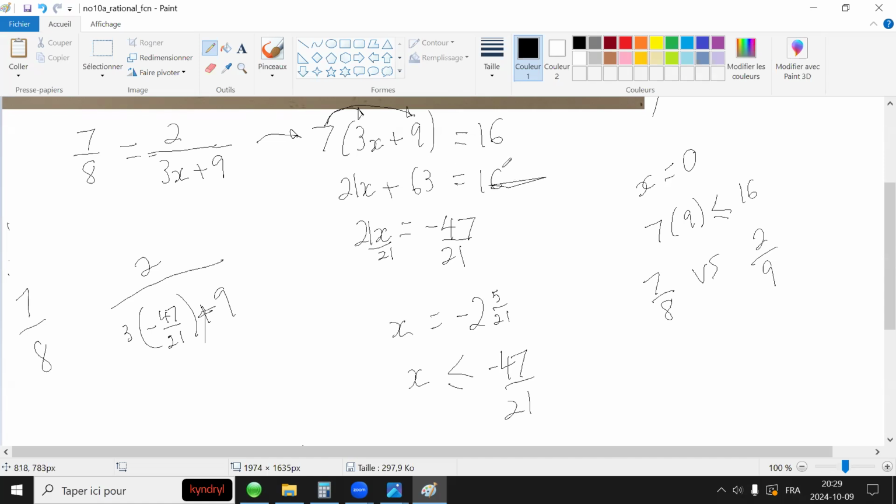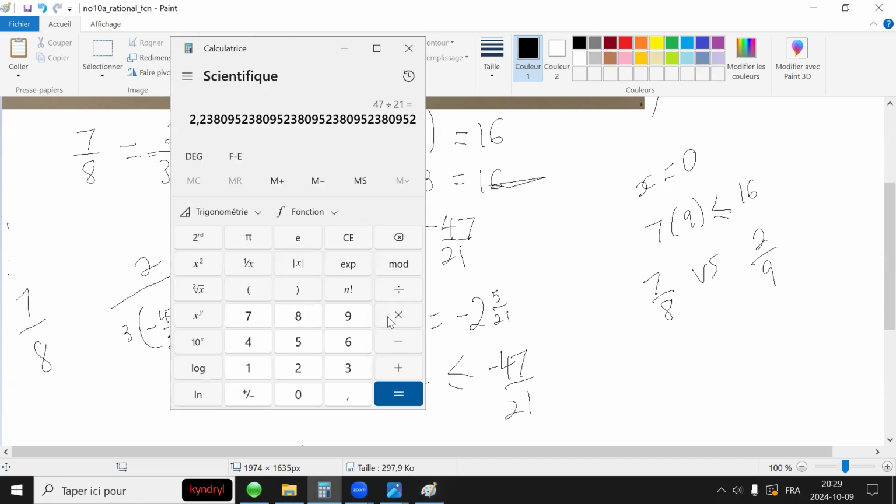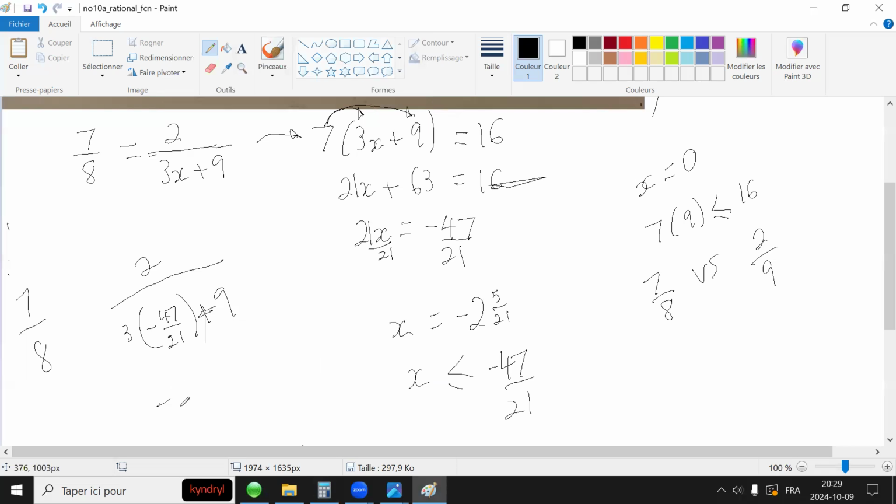Okay, sounds good. Because this is supposed to work. I mean, 3x. So 3 times 47. Hold on. 47, 141. Okay, so minus 141. And the other side, I'd have to put it as on 21.